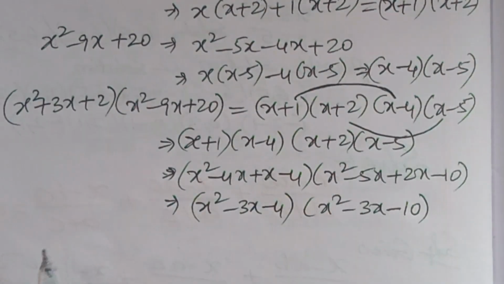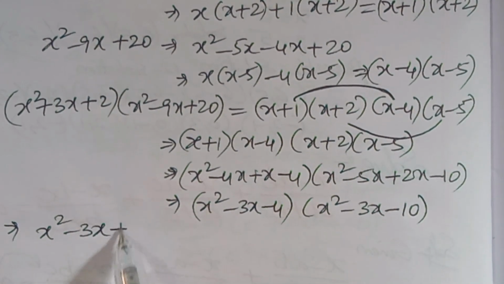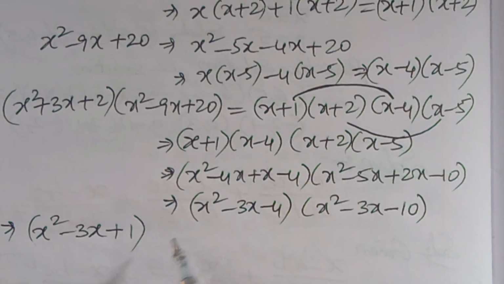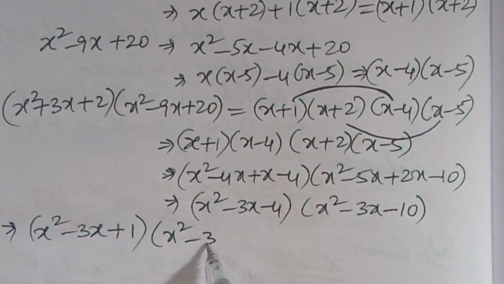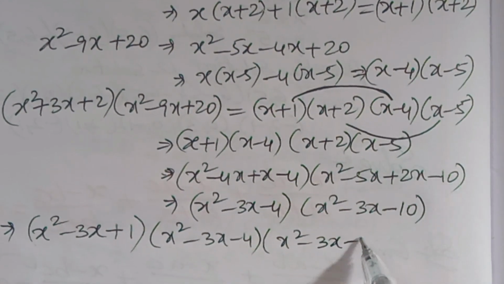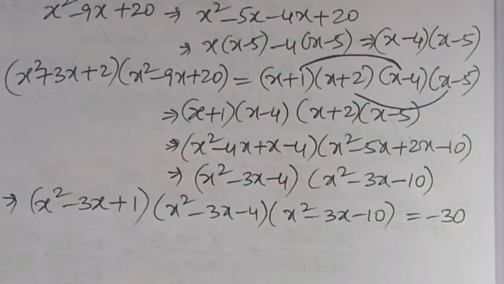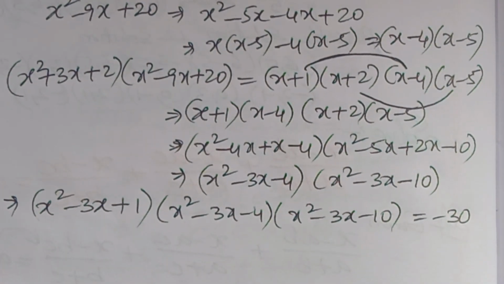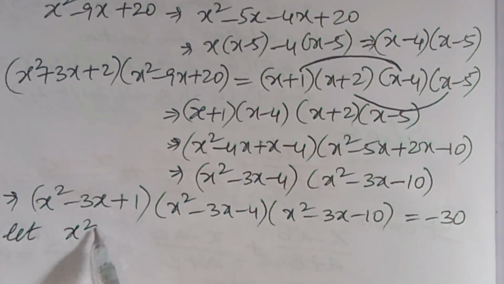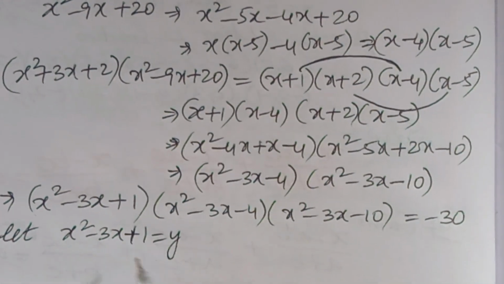Now if you combine this with the first one, we'll get a new equation: (x² − 3x + 1)(x² − 3x − 4)(x² − 3x − 10) = −30. Now in all the terms something common is there. So let x² − 3x + 1 be equal to y.